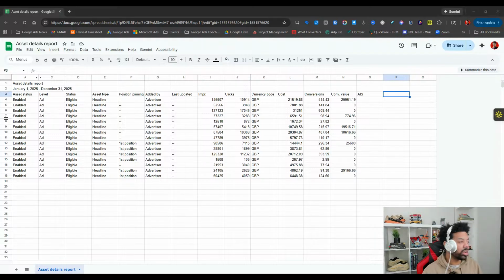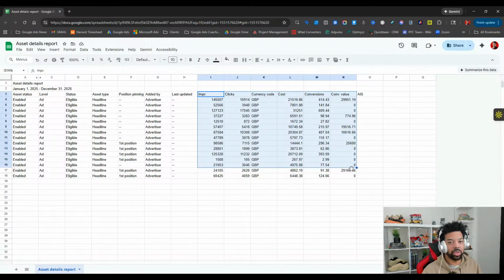But yeah, you go to the ads tab, and then right where it says see asset report, it'll pull up the key metrics for each asset. Then it'll say see asset details, and then you'll see all your headlines and descriptions with these metrics, and then you can pull in those metrics that make sense to you.